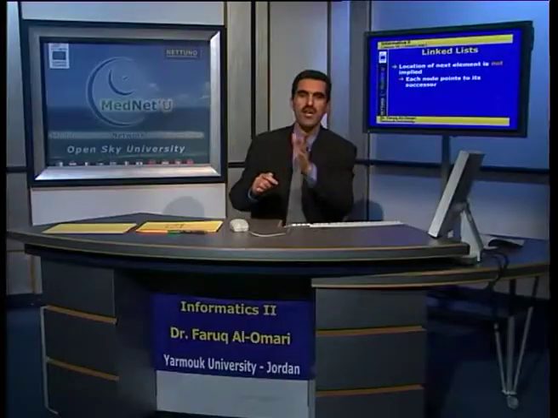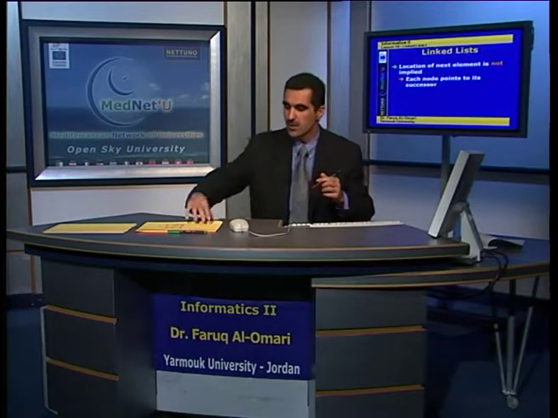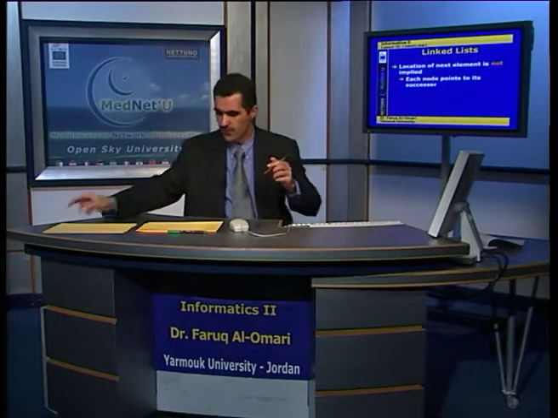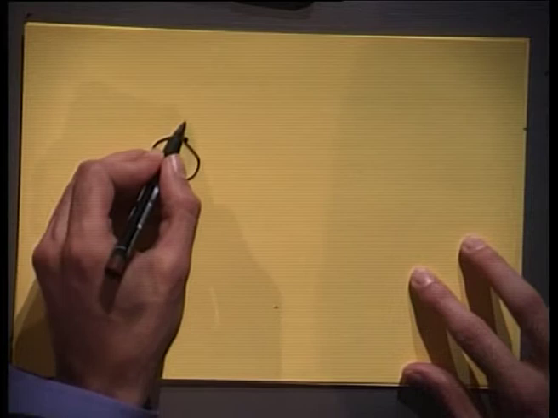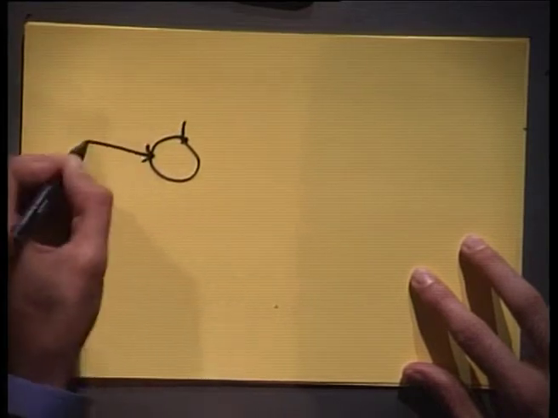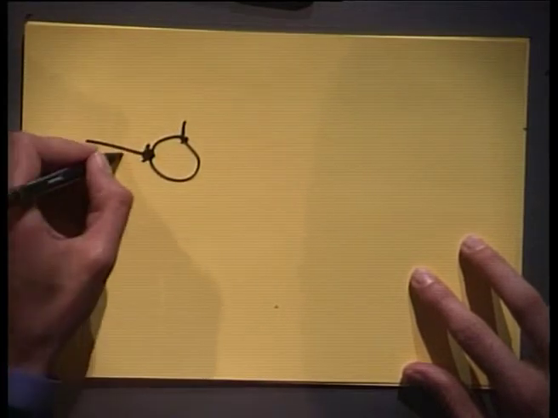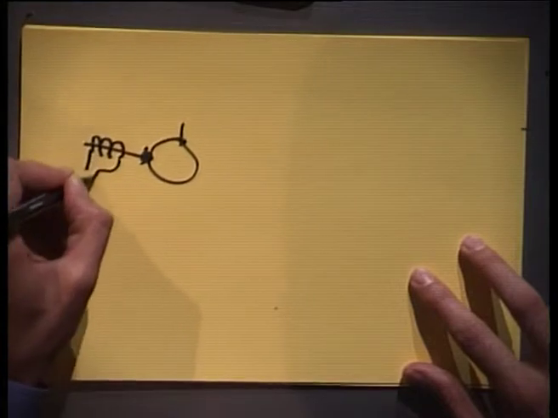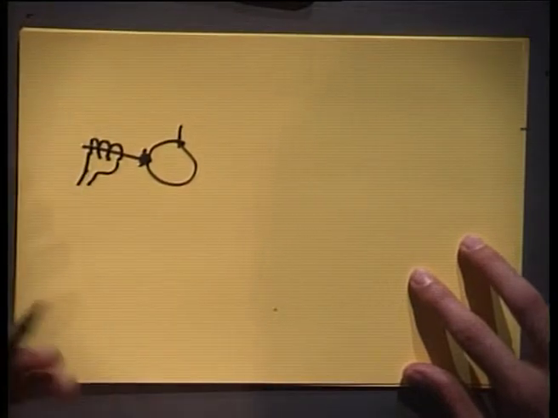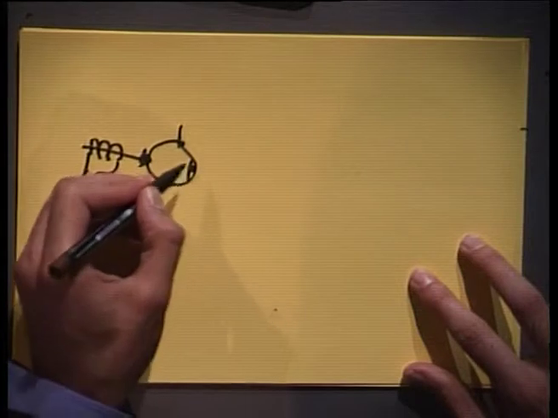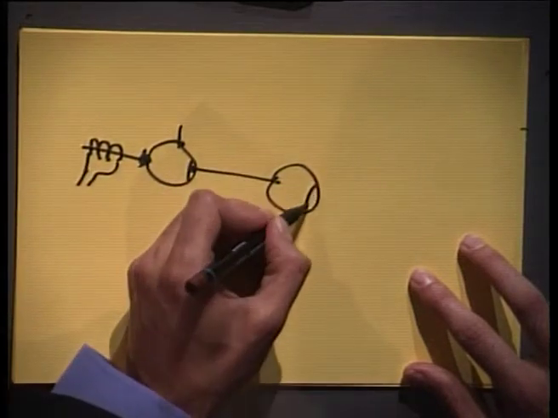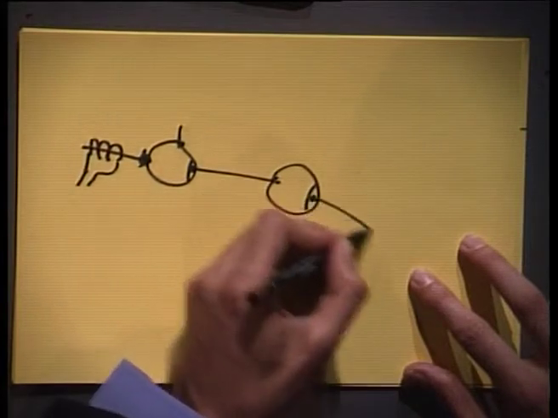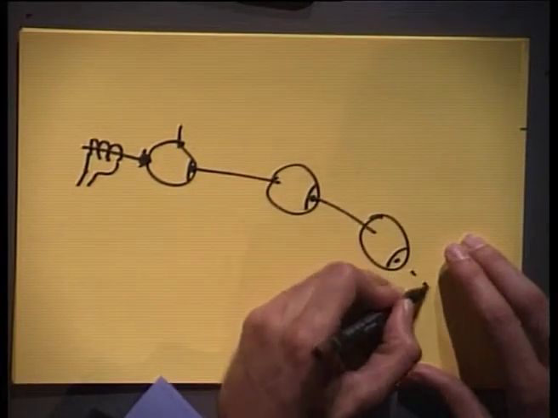So it's like a chain, as a matter of fact, okay? Where you have a piece of string or rope with which you tie your pieces together. So this is the first piece, okay? And you have your first rope here, and that's what your hand is actually holding on to, okay? And then I will have another piece of rope here that's going to tie the second node, and then the third node, and so forth.